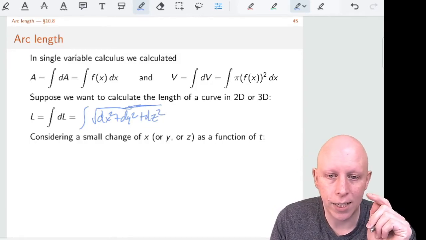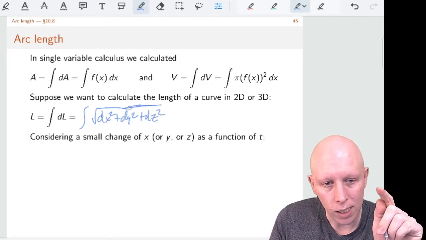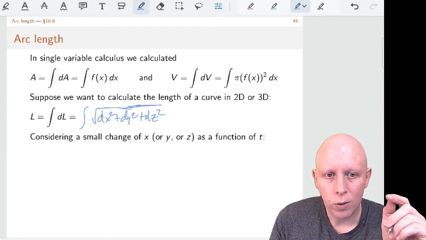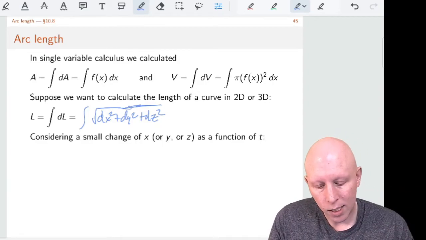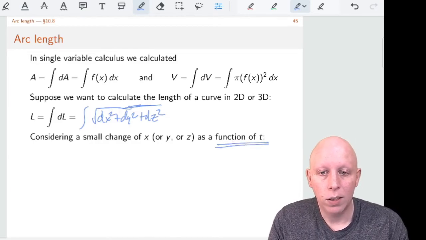We realize that for the dx, the dy, and the dz, our function isn't defined in terms of x, y, and z. It's instead defined as a function of time.